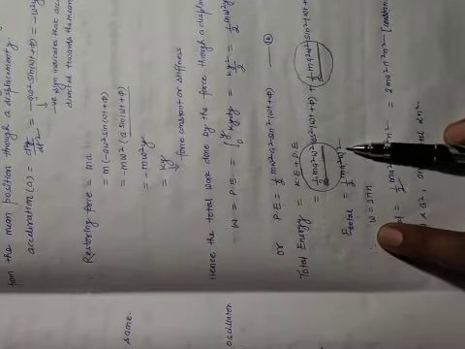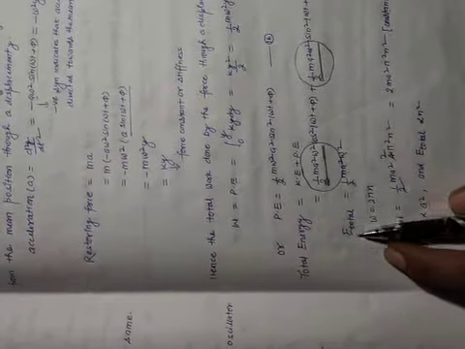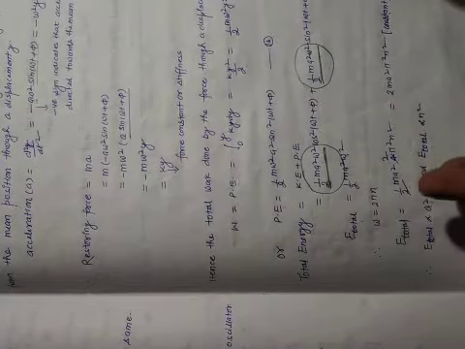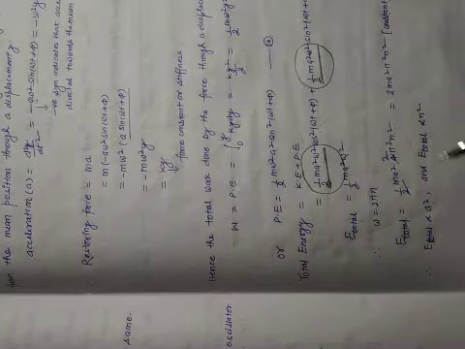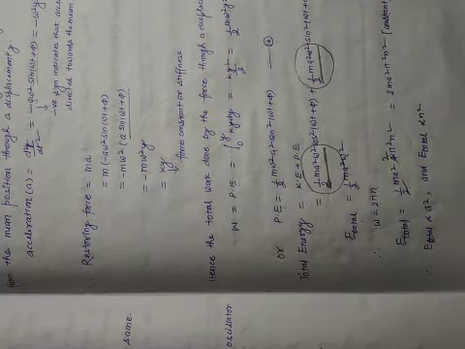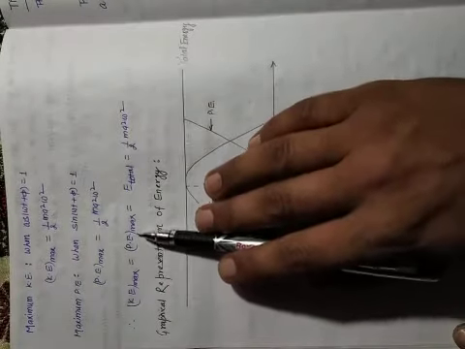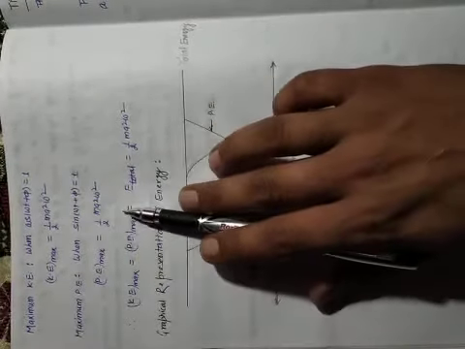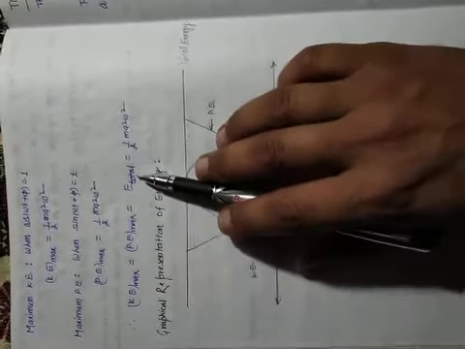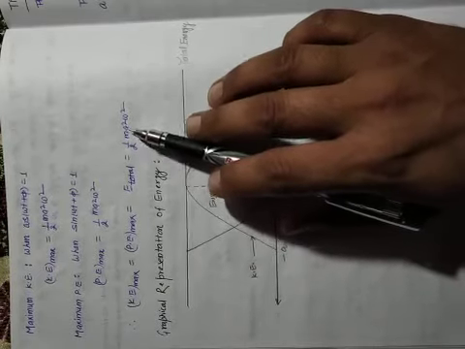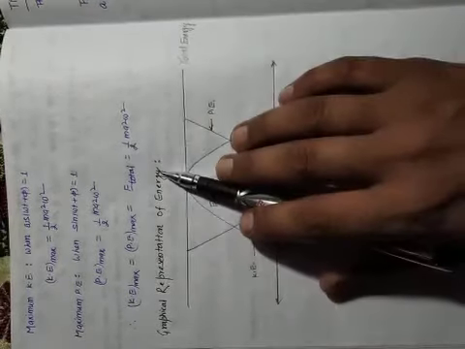This is a very interesting fact: the maximum potential energy is equal to the maximum kinetic energy, and both are equal to the total energy of that harmonic oscillator, which is half m a square omega square.